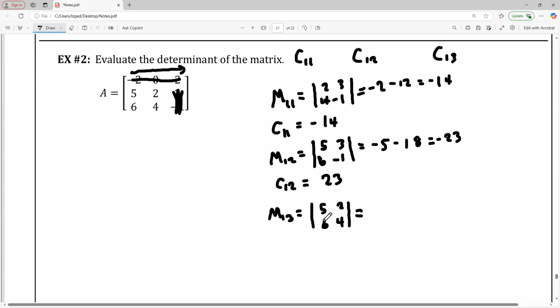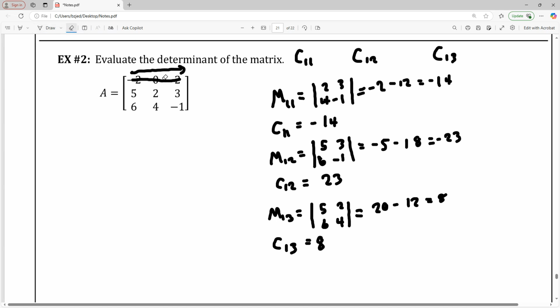Expand along our determinant. 5 times 4 is 20. Minus 6 times 2 is 12. 20 minus 12 is 8. And so cofactor 1, 3 would just be equal to 8. Here are our three cofactors. We have negative 14, 23, and 8. We're almost done.